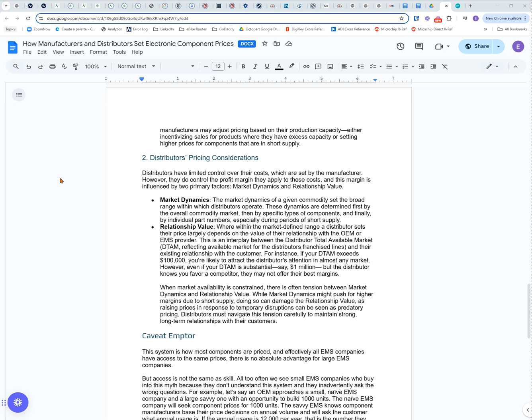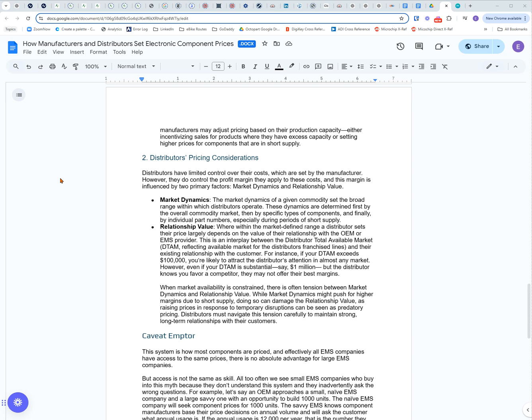And that margin is impacted by two things, in very broad ways, that play with each other. The first is just straight up market dynamics, and again, that's by commodity. So the supply and demand imbalance in a particular product will greatly influence what they want to do with margin.